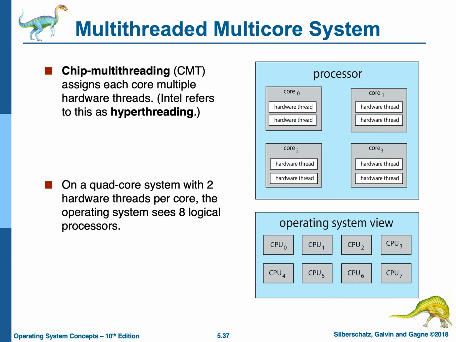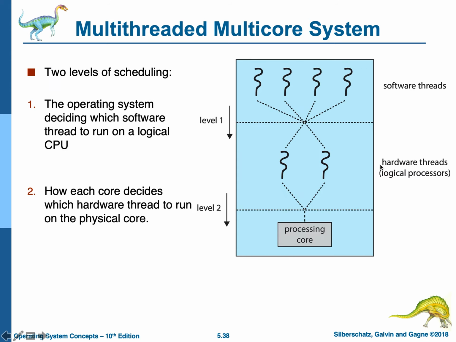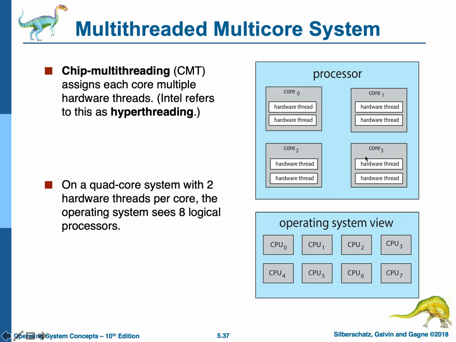Now multi-threaded and multi-core systems are actually like this. The processor may have 4 cores. You can see this is a processor. It has core 0, core 1, core 2, and core 3, right? It means 4 cores, and each core has 2 hardware threads. It is capable of dealing with 2 threads. Virtually, the operating system sees every thread as a CPU.